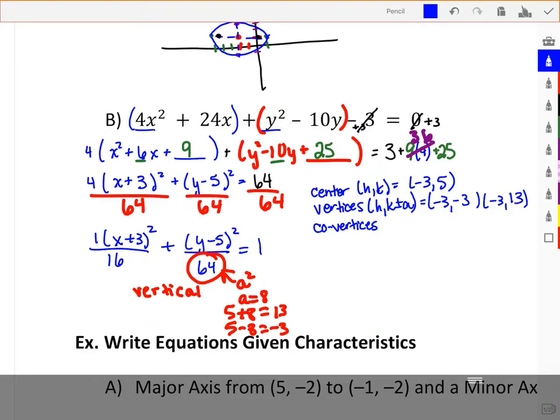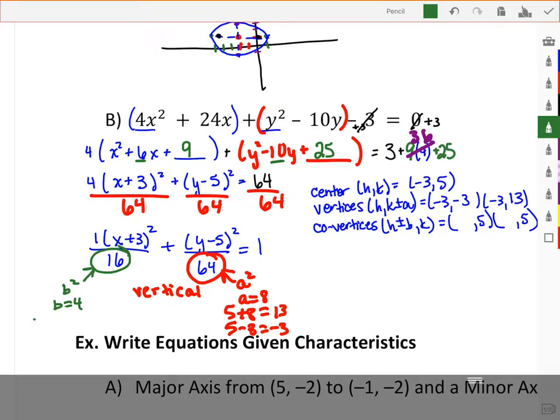Then the co-vertices, because this is vertical, will be (h plus or minus b, k). Okay, so our k is 5. So what is our b? Well, that 16 is our b squared, which means that b is equal to 4.